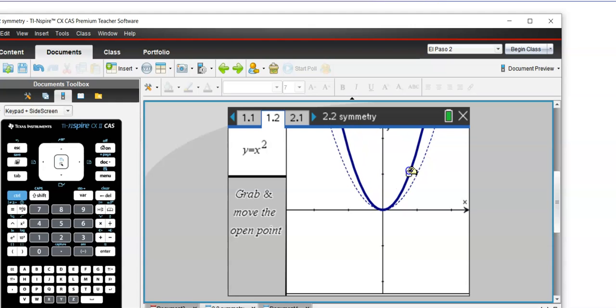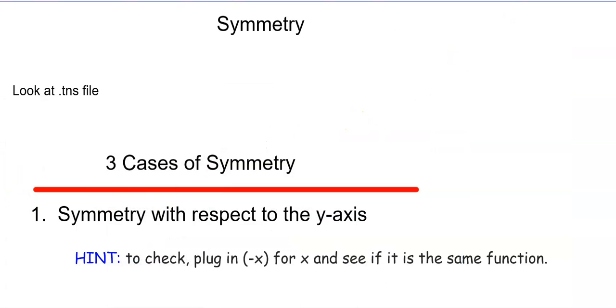That graph is completely symmetrical with itself, right? It's almost like you could fold the right-hand side of the graph over the y-axis and it would land exactly on the left-hand side of the graph. It's symmetrical with respect to the y-axis. The y-axis is your axis of symmetry there. It divides that parabola exactly in half. So that's what it'll look like.